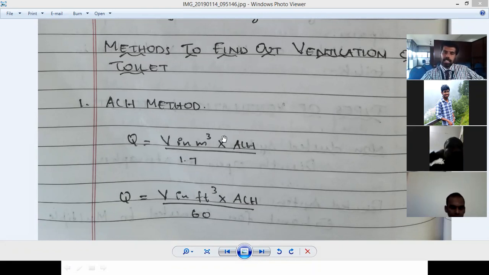Now coming to ACH, air change per hour. Write the ACH values below that. For a private toilet, it is 10 ACH.